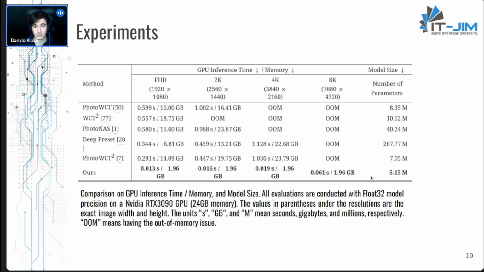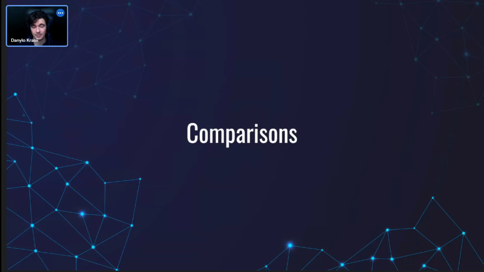So you can see that the consumption is the lowest compared to other models. And also Neural Preset works pretty fast. The authors achieved 56 FPS on a 4K video, which is pretty cool too.